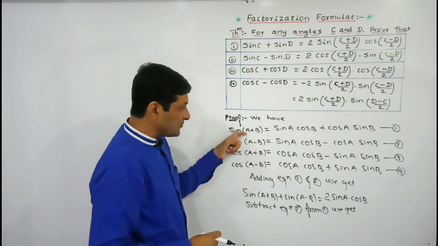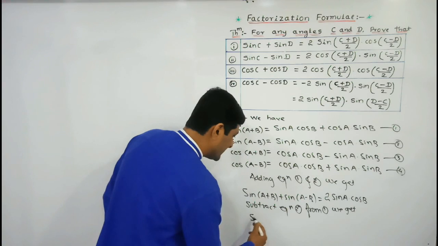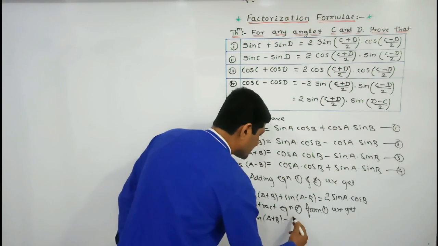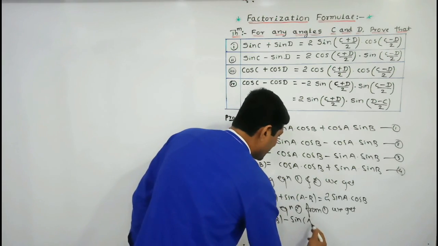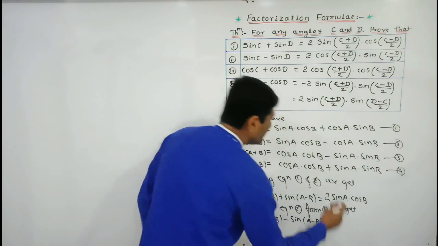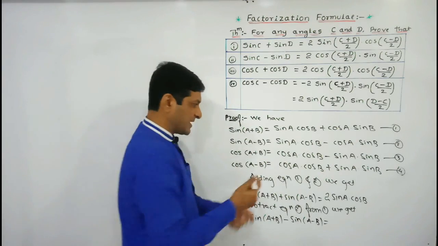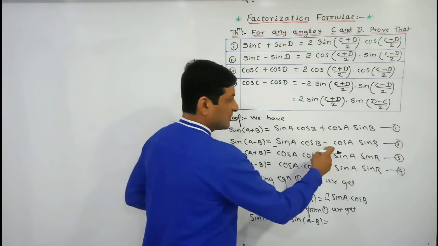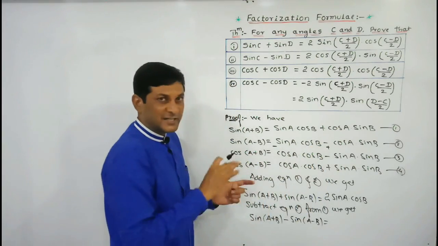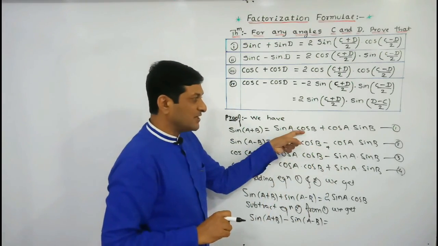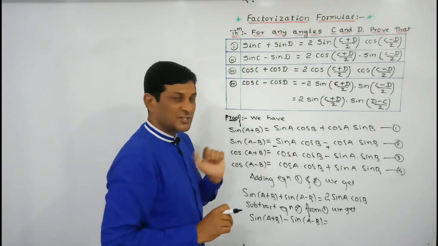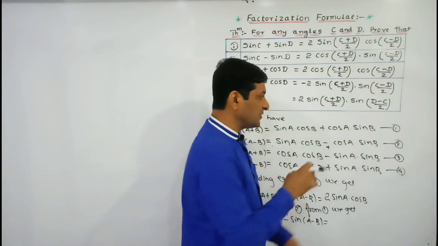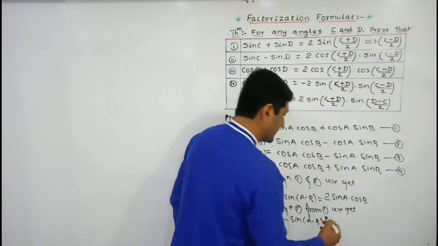On the left hand side we get sin A plus B minus sin A minus B. Now let us see what we get on the right hand side. We are subtracting equation 2 from 1, so here we get minus, and minus into minus gives plus. So sin A into cos B minus sin A into cos B, these two terms cancel, and here cos A into sin B plus cos A into sin B becomes twice cos A into sin B.